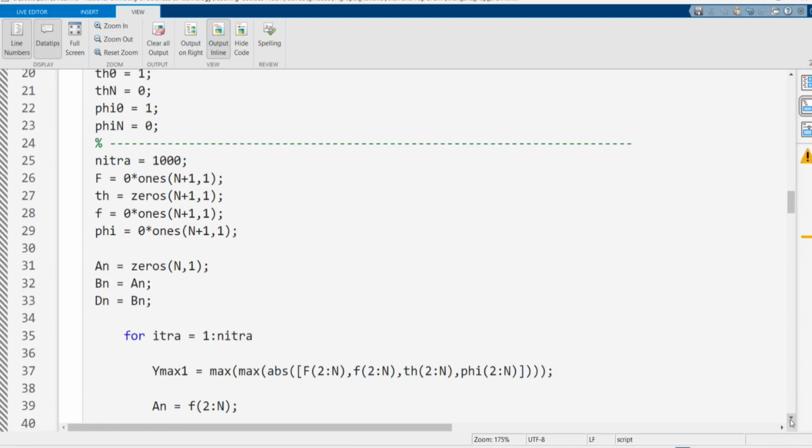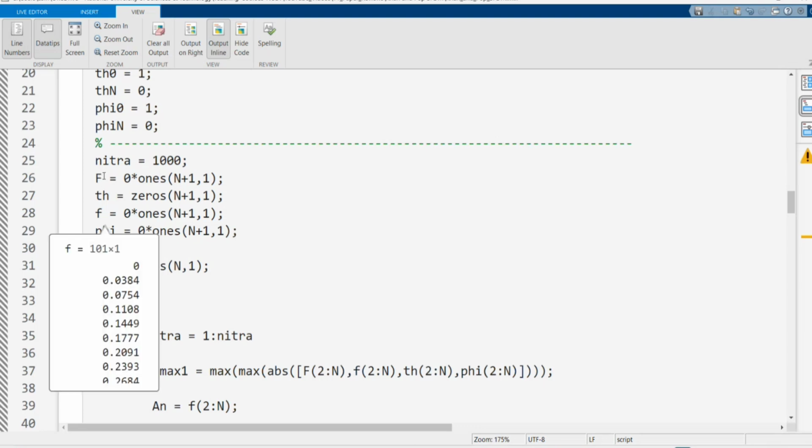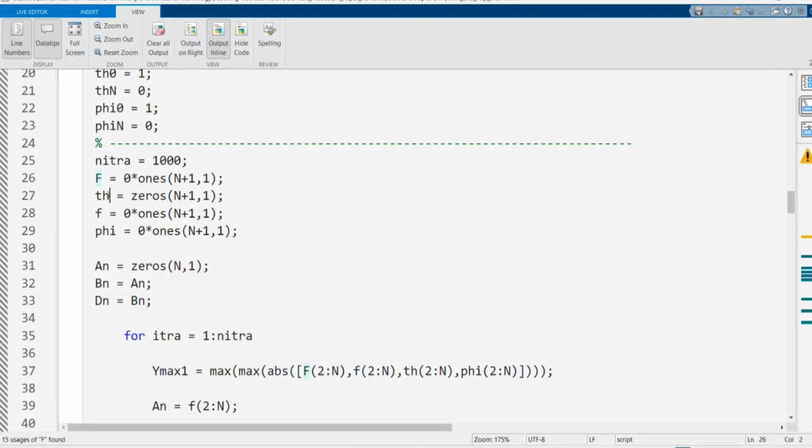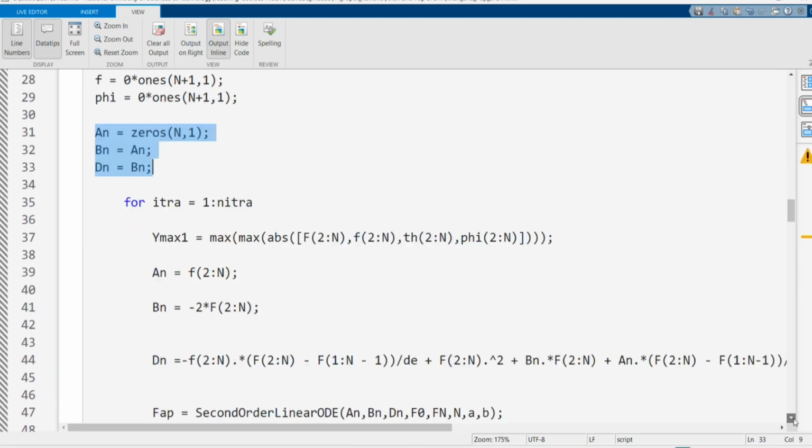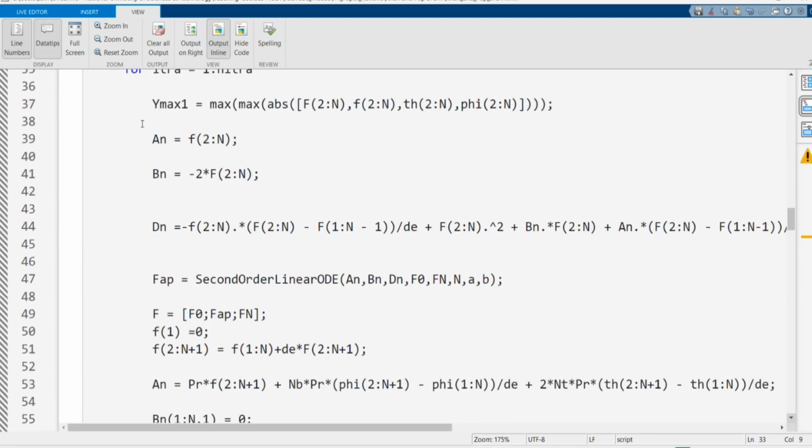Number of iterations, then we initialize capital F, theta, f, phi. Capital F is a new variable, theta is the temperature, small f is for momentum, phi is for concentration. We just initialize them. There is nothing new about that. We also initialize An, Bn, Dn. Then we go to the for loop.